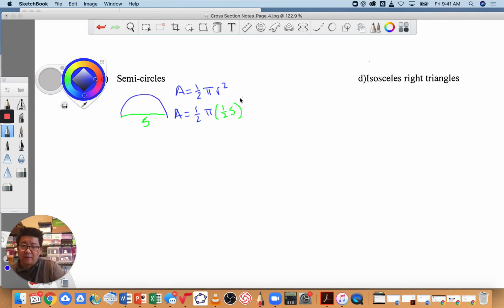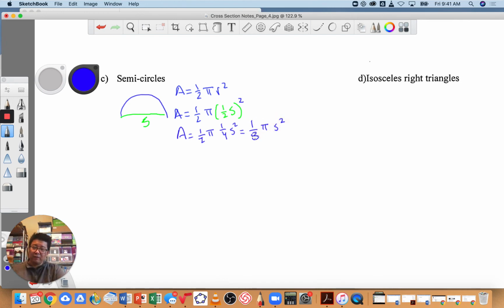So remember to use parentheses because you have to square the 1/2 as well. Once you do all of that, you'll get area is equal to 1/2 pi, and then this squared will be 1/4 s squared, which gives you our formula from the very beginning, 1/8 pi s squared.